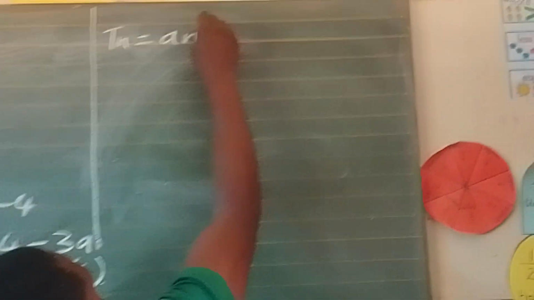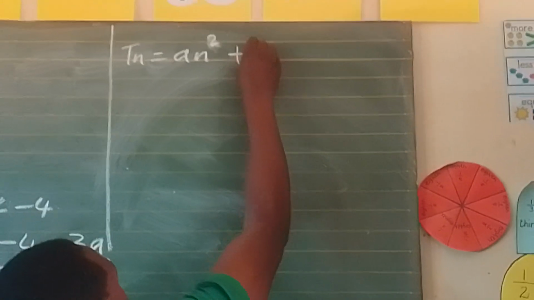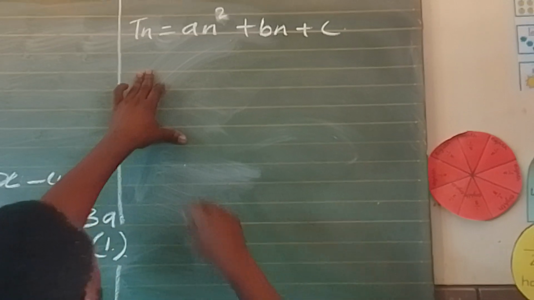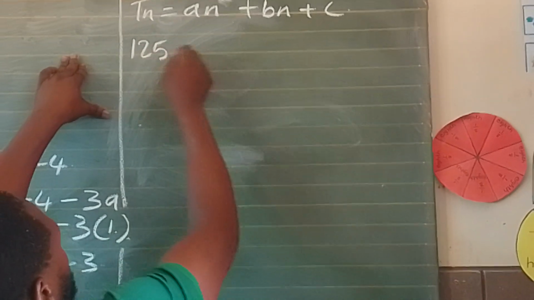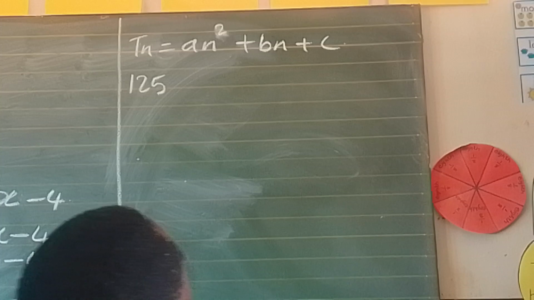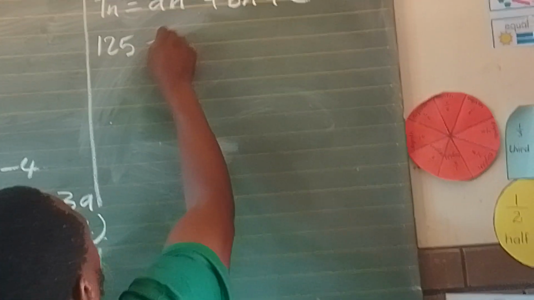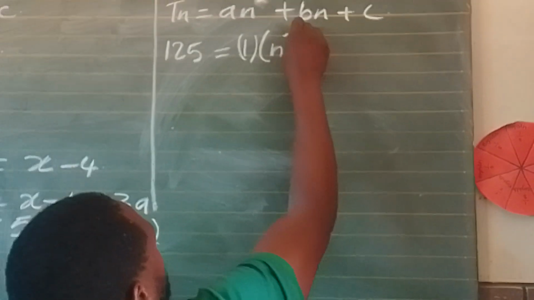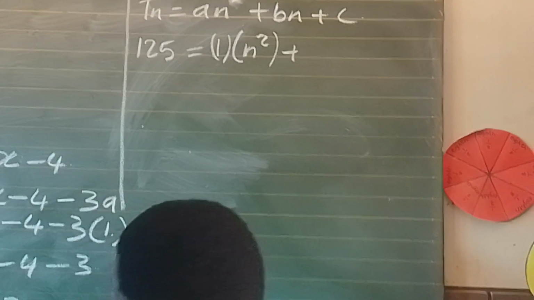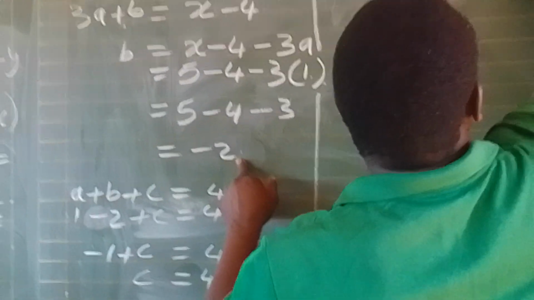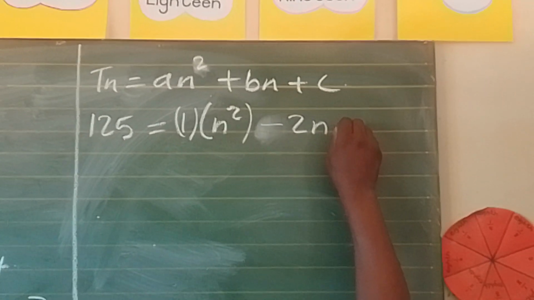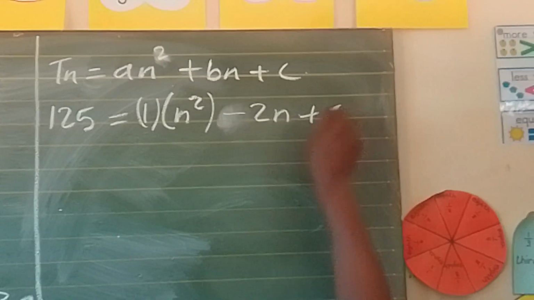Which term is equal to 125? 125 is equal to A, which is 1, multiplied by n squared, plus our B, which is minus 2, and C is 5, plus 5.